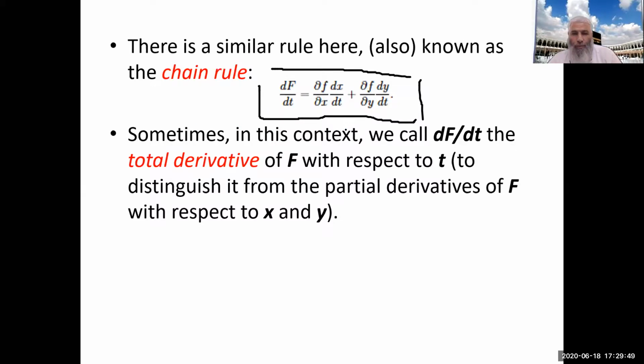Sometimes in this context, we call df/dt the total derivative of f with respect to t, to distinguish it from the partial derivatives of f with respect to x and y.